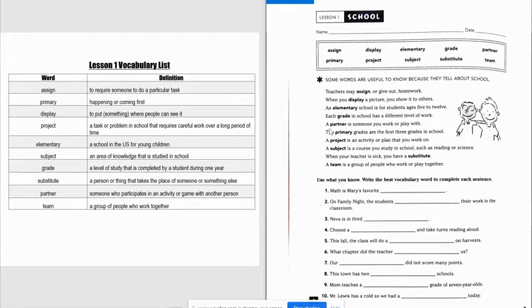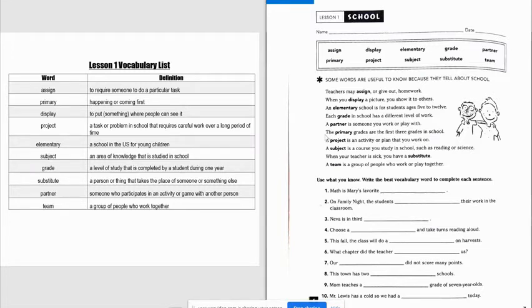Partner. A partner is someone you work or play with. So we go find the word partner: someone who participates in an activity or game with another person. You may have had a partner in school before and worked on a project. Next word is primary. The primary grades are the first 3 grades in school. On our definition list, primary means happening or coming first.